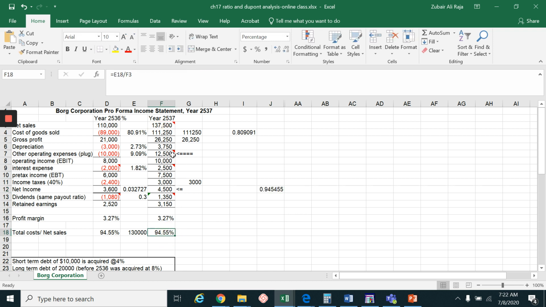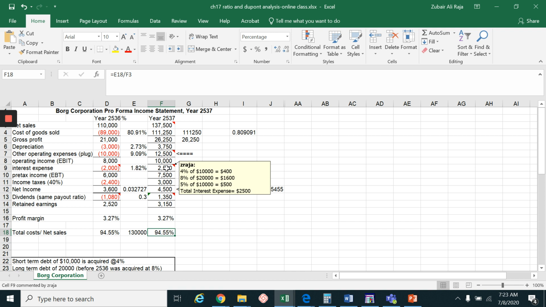94.55%. So once we plug this number, what will happen? Both of these, depreciation and other expenses, will add up and need to be subtracted from the gross profit. We will arrive at the operating income, which is 10,000. The interest expense we have also calculated, this 2,500, is simply the weighted cost of debt, right?